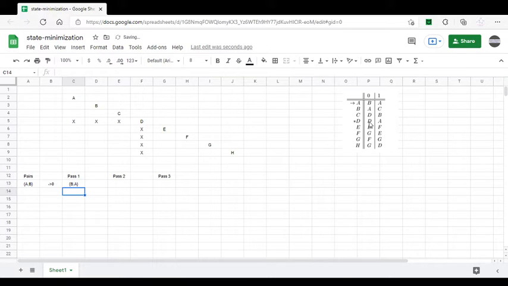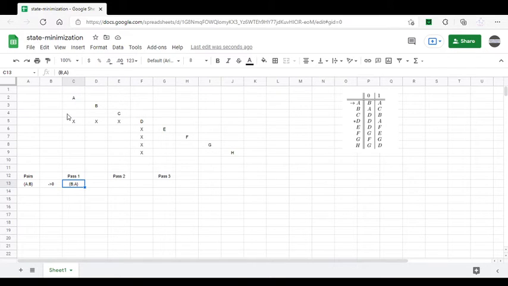Now, this is what was confusing me at first. You are not, I repeat, you are not reading a B because you landed on a B after you read 0 from A. You're reading a B because B is here. And I'll show you what I mean by that shortly. Alright, so I'm at BA.